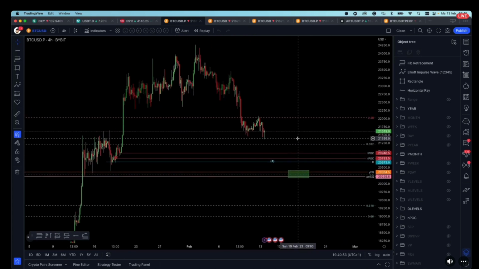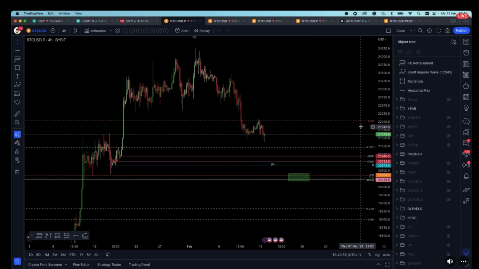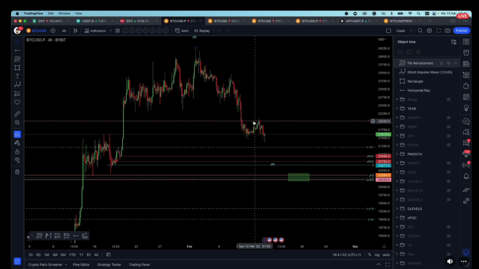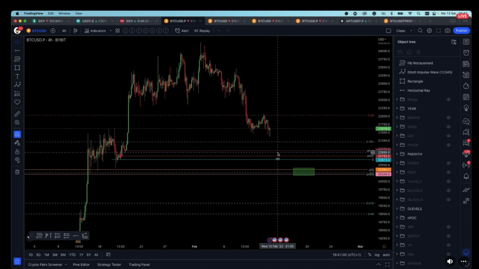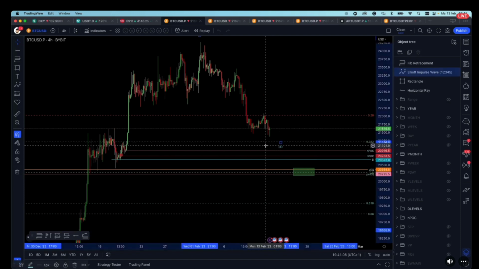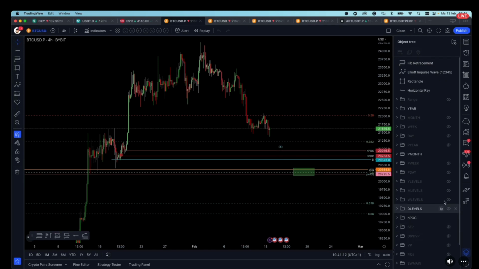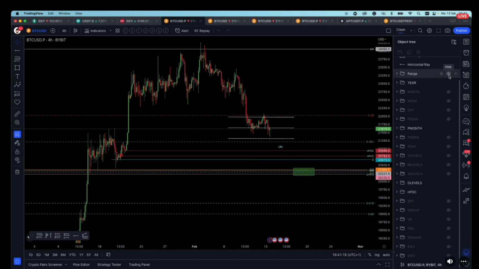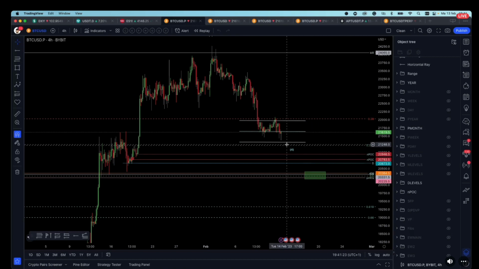The confluence here is the 0.5 fib. Also look at this 0.28 fib, which is basically acting as resistance right now. So a fourth wave usually goes towards that 0.382 fib, which actually aligns with my range a little over here.